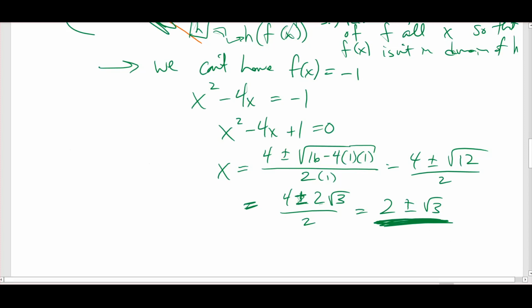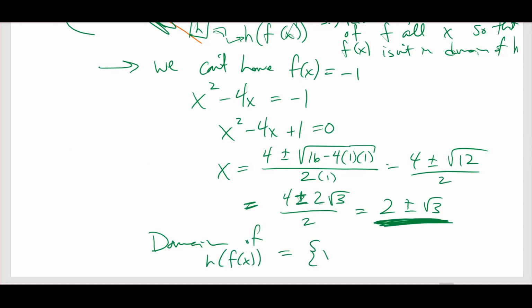So our domain of the whole thing, and this was h composed with f, this is the set of all x so that x can't be these values. And again, we can write this as an interval, and that's fine, but that's not exactly the point here. So yeah, we can write this as an interval if we need to, but this is probably good for our purposes right now.